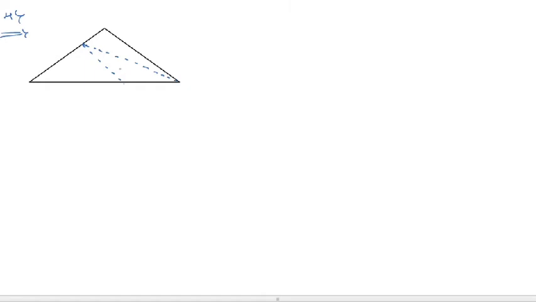Name these points P, Q, R, S, T. This is angle 1, then this is angle 2.